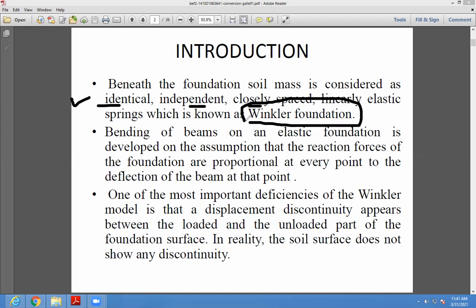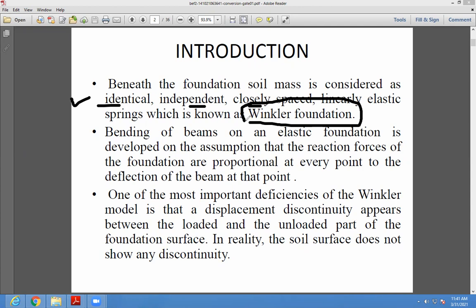on elastic foundation. So the bending of beams on elastic foundation is developed on the assumption that the reaction forces of the foundation, as we discussed in the last lecture, right, are proportional at every point to the deflection of the beam at that point.